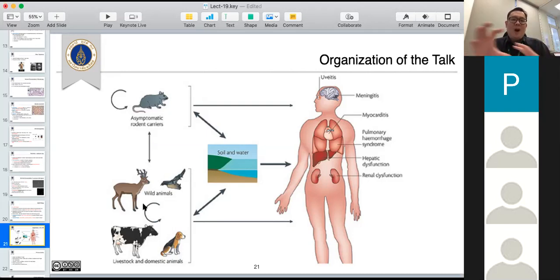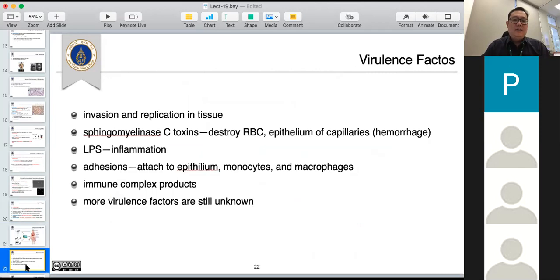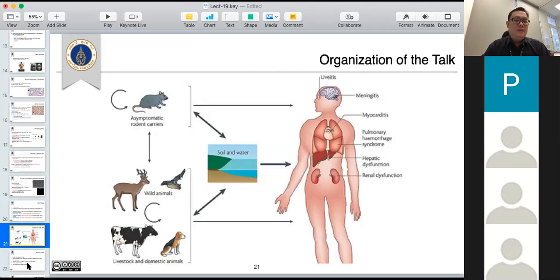That's why the cycle is kind of complex. When humans get infected, if it infects the skin, they probably get a rash, so many symptoms, like, let's see this picture. Okay, if you swim in an area of water that is contaminated with urine, you probably get infected in the eye and cause conjunctivitis, red eye.